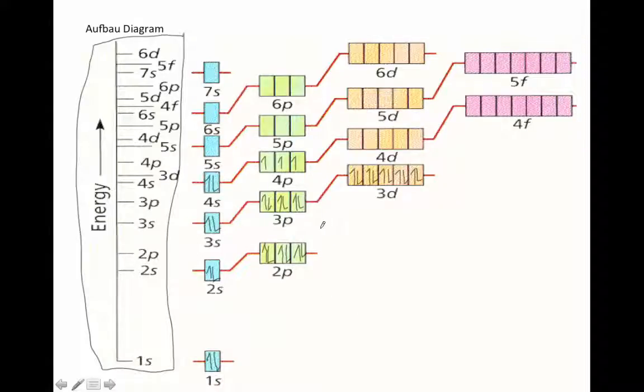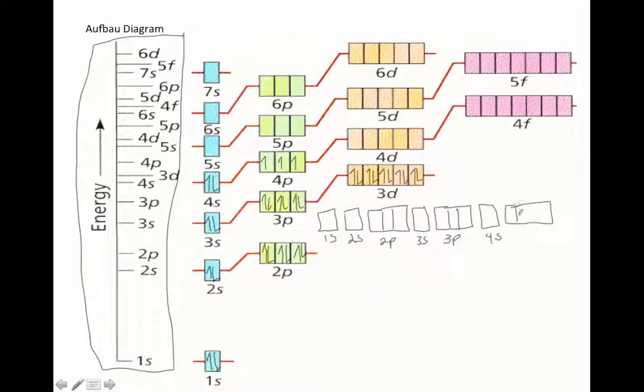Now, if I'm going to do an orbital diagram, I can draw the 1s, and then the 2s, 2p, 3s, 3p, 4s, 3d, and this is getting really crowded, and then 4p.